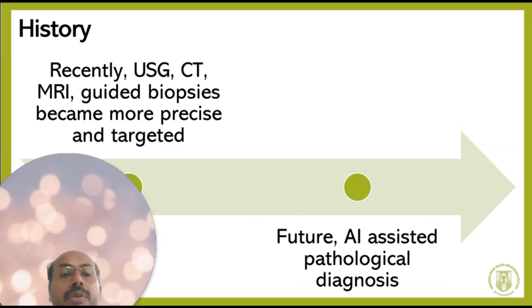Next, in contemporary medicine, guided biopsies using state of the art imaging techniques such as ultrasound, computed tomography, and even magnetic resonance imaging have become standard practice. These techniques enable healthcare professionals to perform targeted and precise biopsies, facilitating accurate diagnosis and personalized treatment plans for patients.